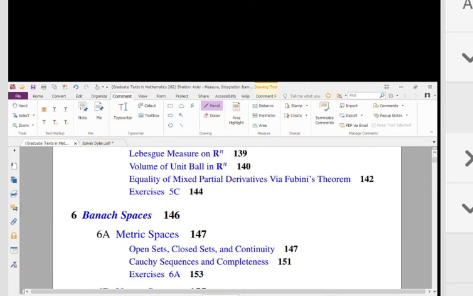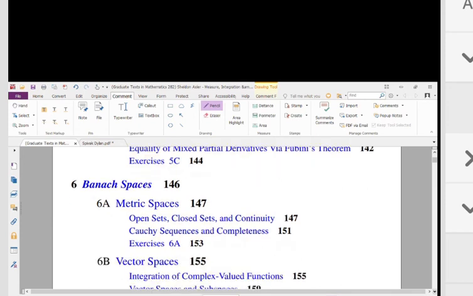For example, metric spaces, open sets, closed sets, but they are very important. Please read this from the book for yourself, okay? For yourself.